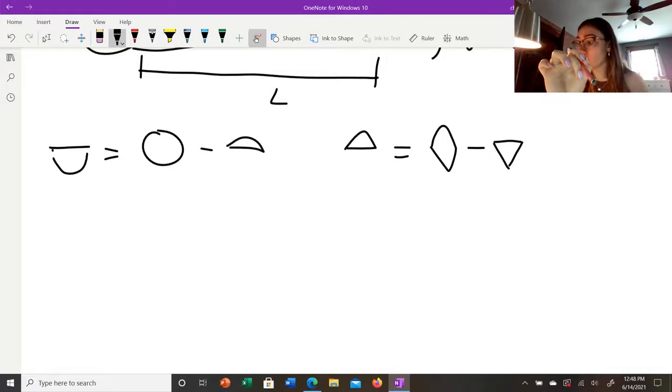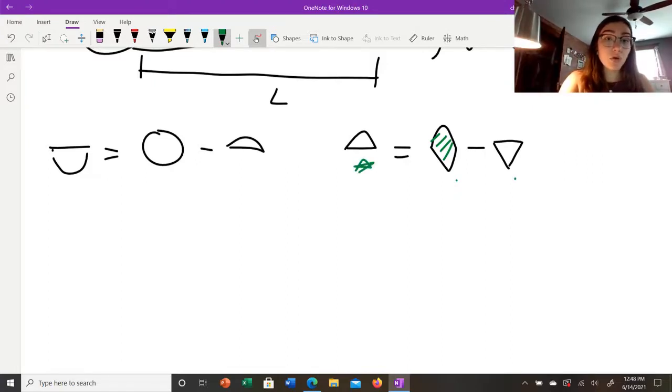And this is called the circular sector. So what we're trying to do right here is find the area of the circular sector because we can solve that. And then we're going to subtract the area of the triangle. So we're going to kind of go backwards. We're going to find this, and then we're going to find this to get the area of the top. And then we're going to subtract the whole from the area of the top to get the area of the bottom. That's where we're going next.